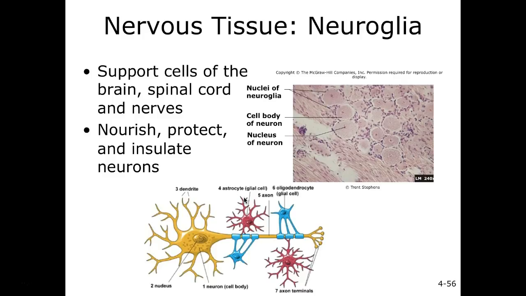They'll pick up any extra ions that are floating around. And these are just three of the neuroglia that I've mentioned out of six total. So we'll continue listing the rest of these glial cells in our nervous system lectures in the future.